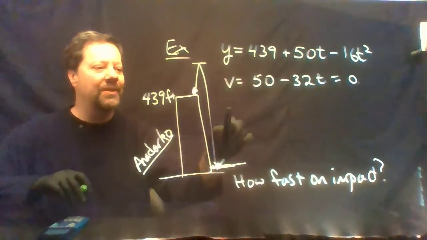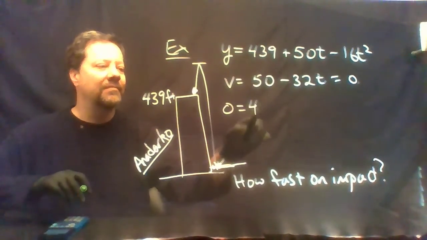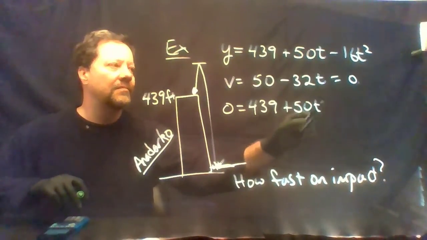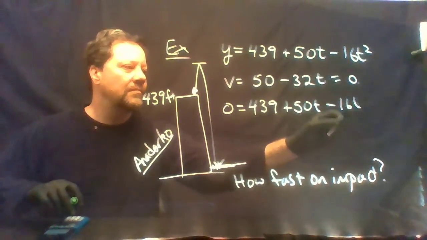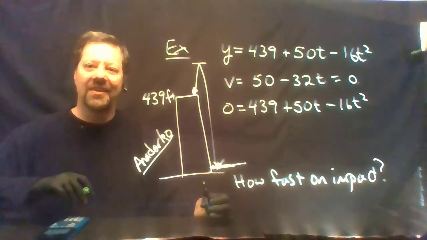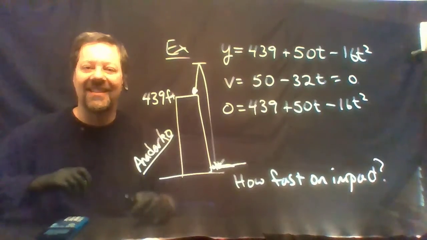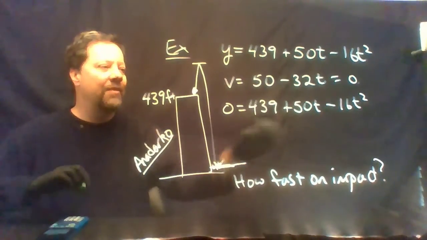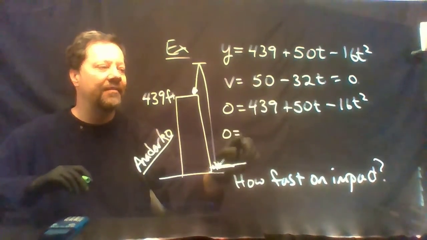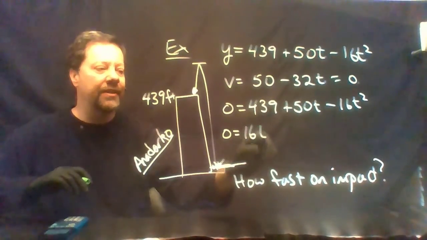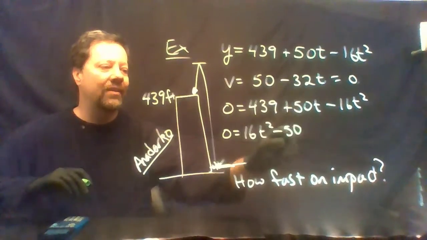So we'll set y equal to 0 and solve this quadratic equation for t, the time. If we multiply through by a negative, we can write this with a positive leading coefficient in descending order.